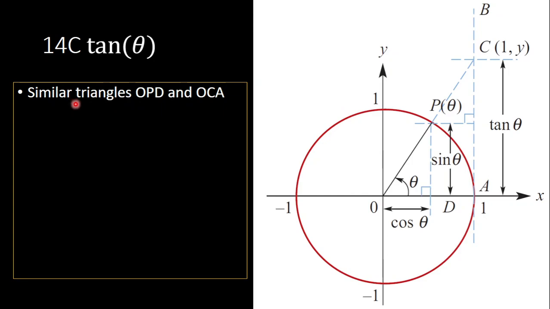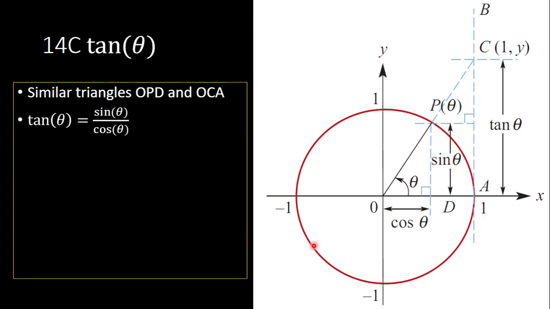If you review the definition or the theorem about similar triangles, it means the ratio of the corresponding lengths are the same. So for example, if I do OC divided by OP, it should be exactly the same as OA divided by OD, and vertically will be OC divided by that vertical line, A to whichever, but that corresponds exactly to sine of theta.